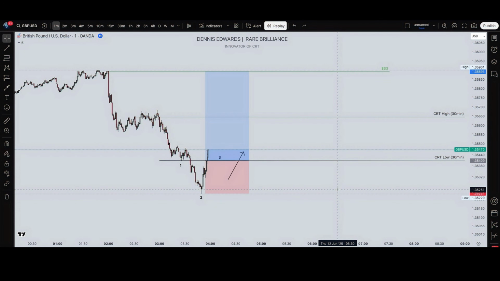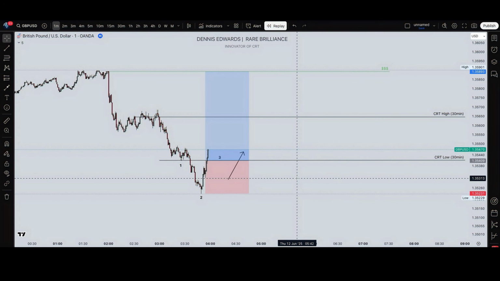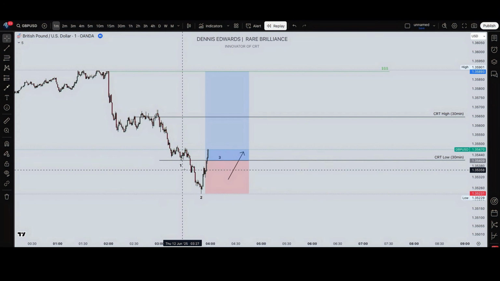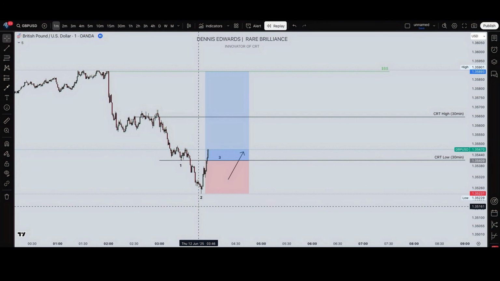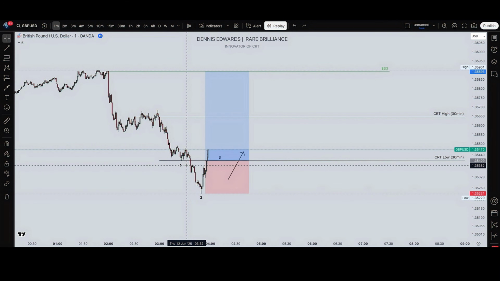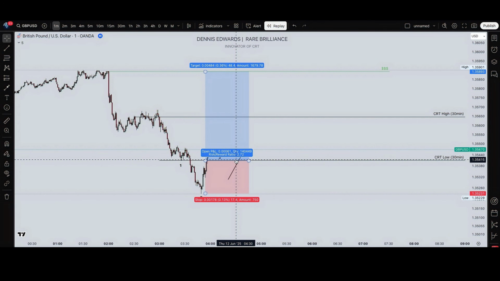Now within this area, as you can see from a zoomed out perspective, we have our phase one, our accumulation. We have our phase two, which was the manipulation that swept our low that was on the 30-minute time frame. Okay. The market is fractal, so you can actually zoom in on the lower time frame and pretty much just see what's happening inside of that candle.